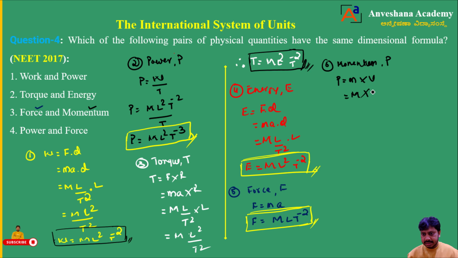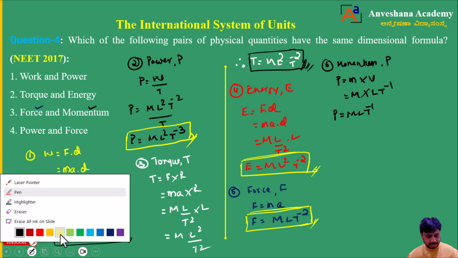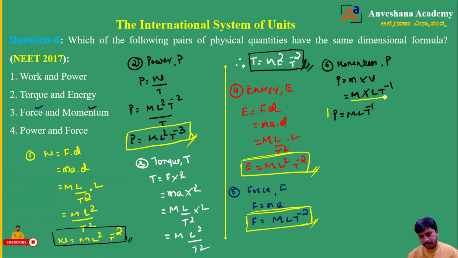Meter per second is L divided by T. I will take it into the numerator. It becomes T to the power of minus 1. So therefore the dimensional formula for momentum is M L T to the power of minus 1, dear students. Now this is the dimensional formula for the momentum.